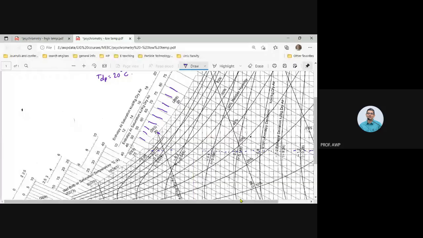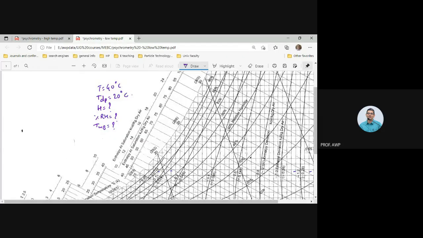Identify this point and tell us where to go, how to go, what is the point, what is the humidity, what is the wet bulb temperature, what is the percent RH. All these three things you have to tell us: humidity, percent RH, and wet bulb temperature. These three things are required.